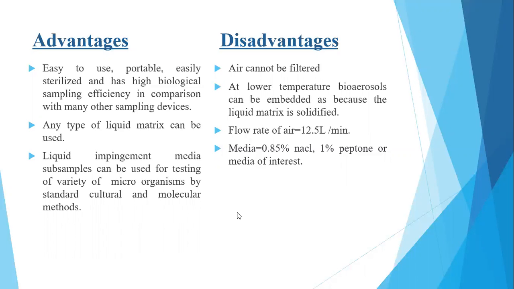The disadvantages: air cannot be filtered. At lower temperatures, bioaerosols can be embedded because the liquid matrix solidifies. The flow rate of air is 12.5 liters per minute. The media is 0.85% NaCl and 1% peptone.